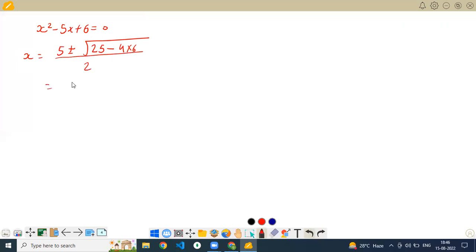This is 5 plus minus 1 by 2. So this is 6 by 2 comma 4 by 2, which is 3 comma 2. And by middle term splitting also we did the same thing. X minus 2 multiplied by x minus 3 is 0. So the roots of the equation are 2 and 3. Here also the roots of the equation are 2 and 3.